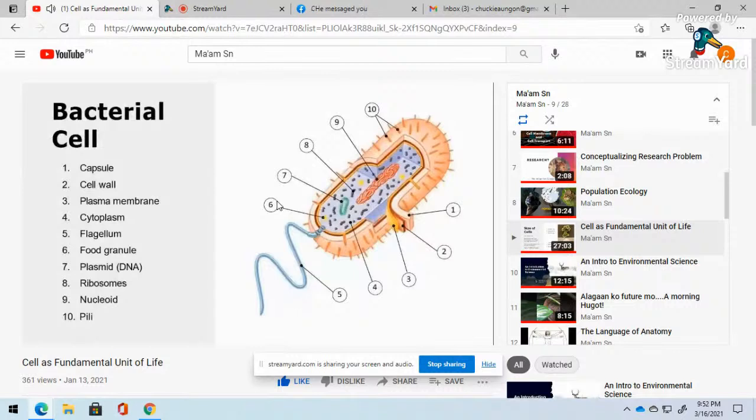For the bacterial cell, we have the capsule, the cell wall, the plasma membrane, the cytoplasm, the flagellum, the food granule, the plasmid, which contains the DNA, the ribosome, the nucleoid, and the pili.